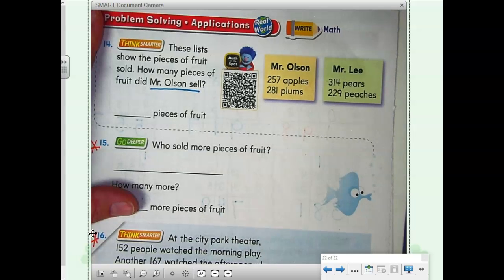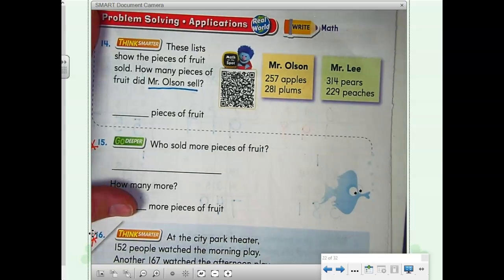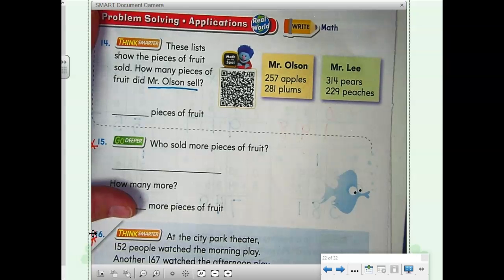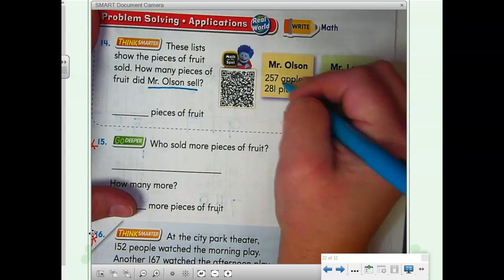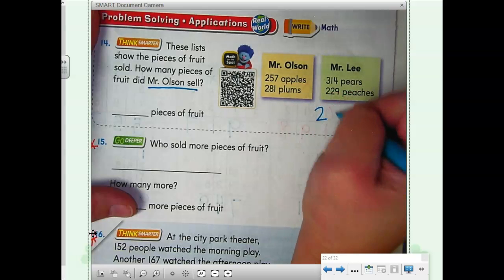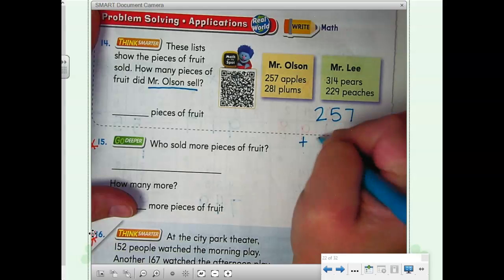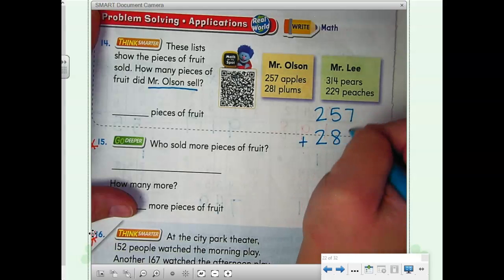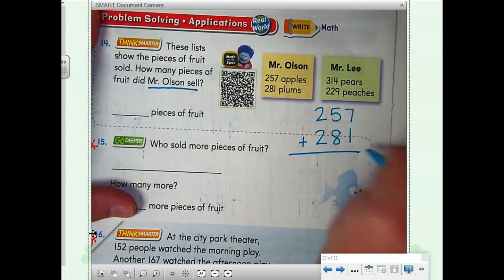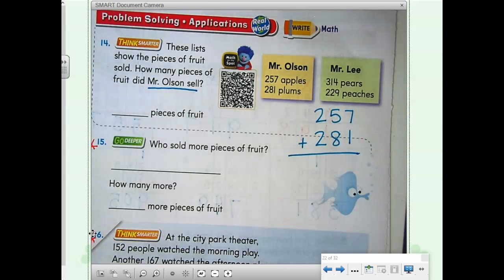Which box shows what Mr. Olson sold? The yellow box. All right, so we should have 257 plus 281. Now, that will tell us how many pieces he sold all together.